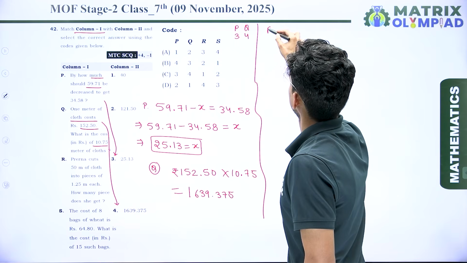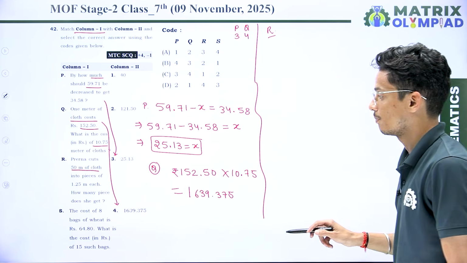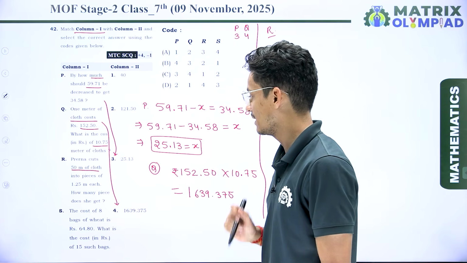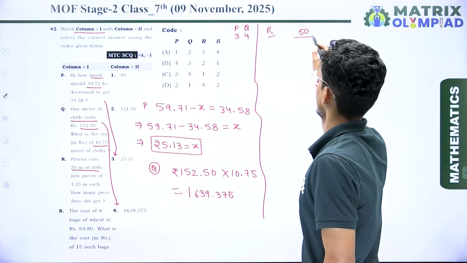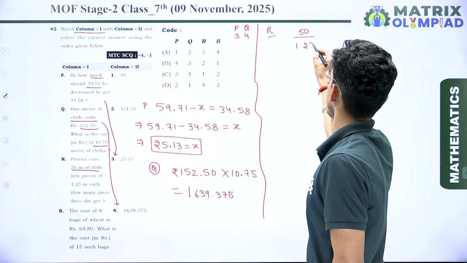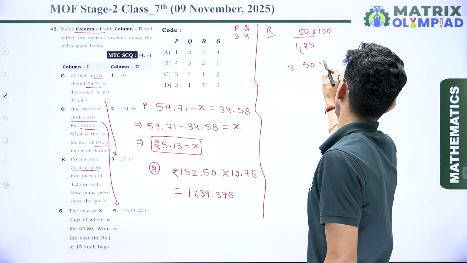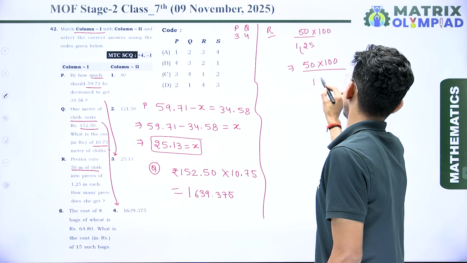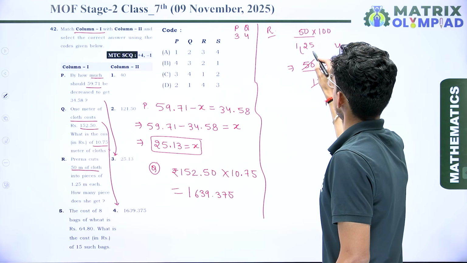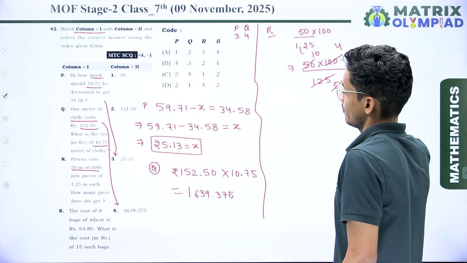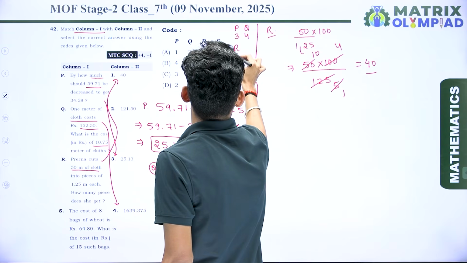If I talk about the R, that is Prerna cuts 50 meter clothes into pieces of 1.25 meter each. So how many pieces does she get? So 50 meter total cloth, and the length of one piece is 1.25. So when we remove decimal here, we take 2 zeros here. So here I can write 50 multiply 100 upon 125. So 25 4 is 100, 25 5 is 125, 5 1 is 5, 5 10 is 50. That is, here we have total pieces, that is 40. It means R is connected to 1.